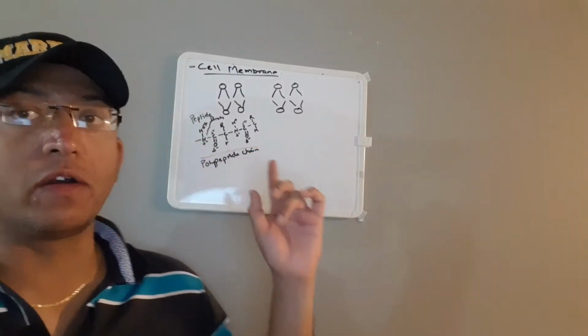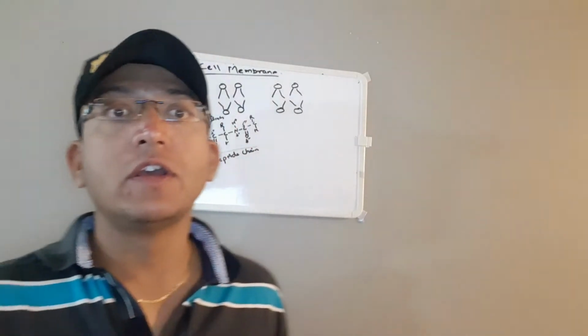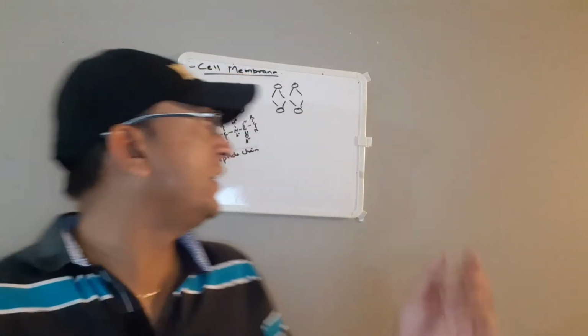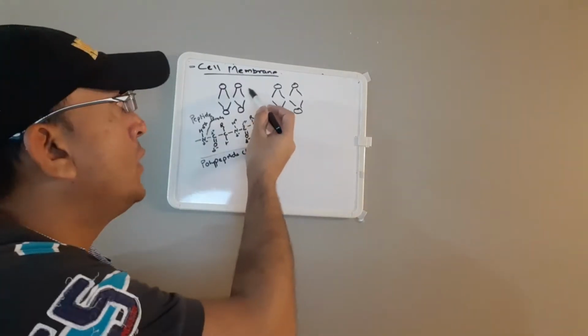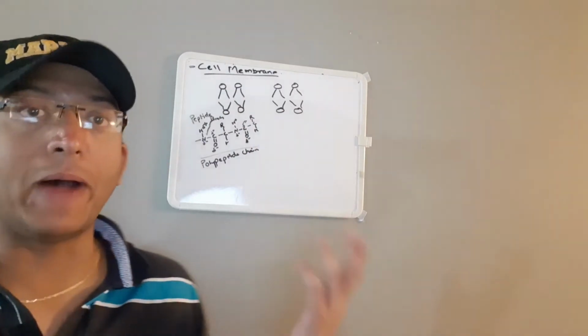Because of the partial negative and partial positive charges, the polypeptide backbone is also hydrophilic. Because water is absent from the interior, there is no water present in this interior of the bilayer.